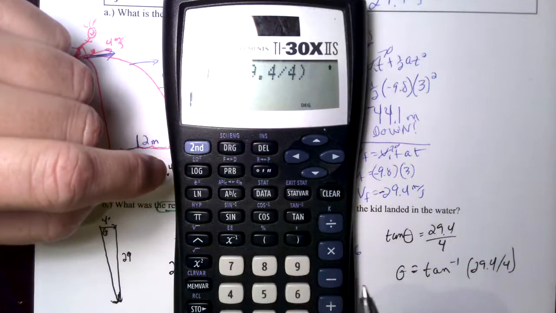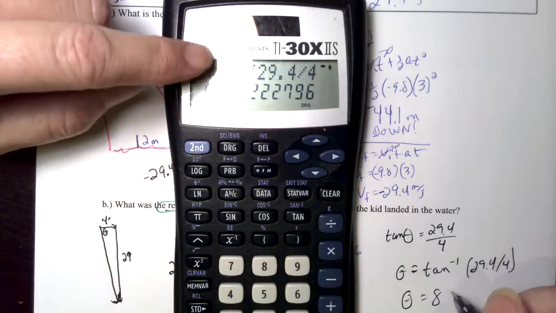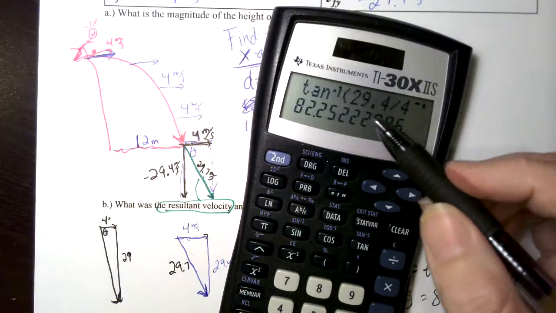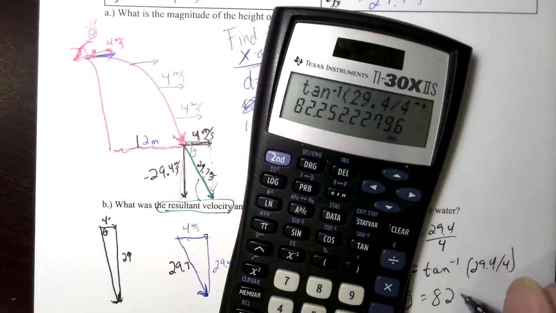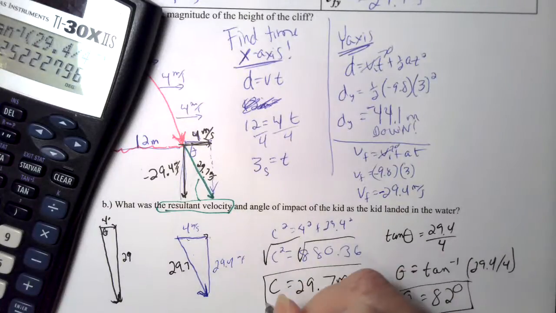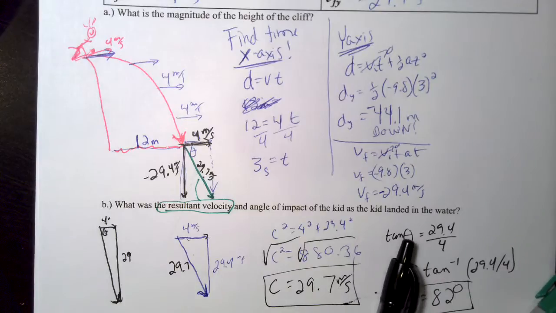Theta is, yeah, almost 90. 82 degrees. See that? It's probably around there. There you go. Wow. Done.